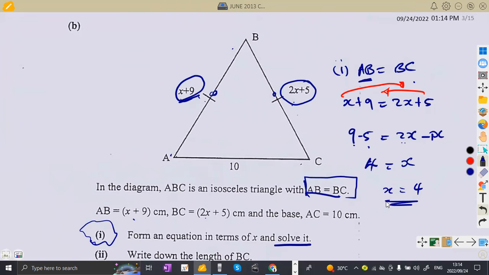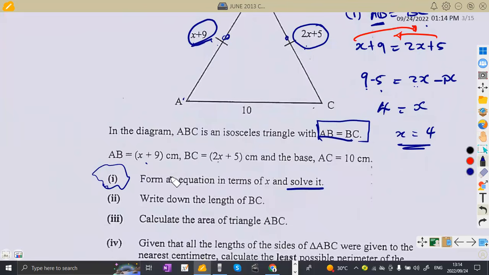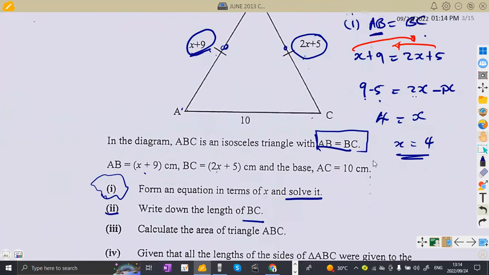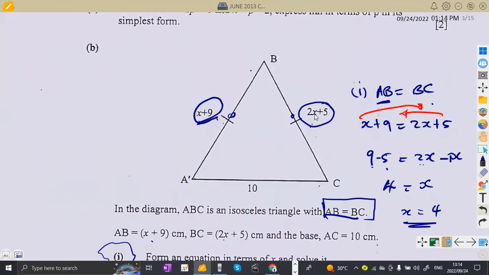So that was the idea on this question. Then on item 2, write down the length of BC. You just have to substitute in place of X. Our BC was given by the expression 2X plus 5.